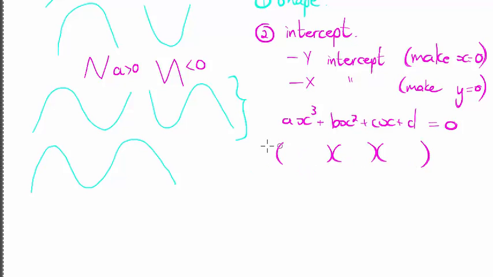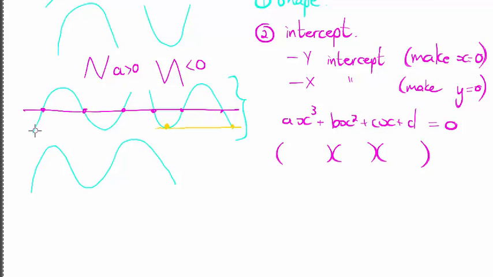Now why 3? Because if it cuts the x-axis, it will cut it in 1, 2, 3 points. Now it could be that I only cut it in 2 points. I cut it on the turning point and on the other leg, or I can cut it only once.